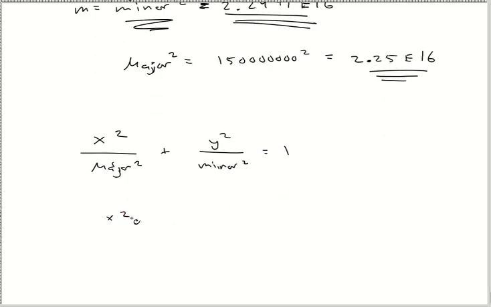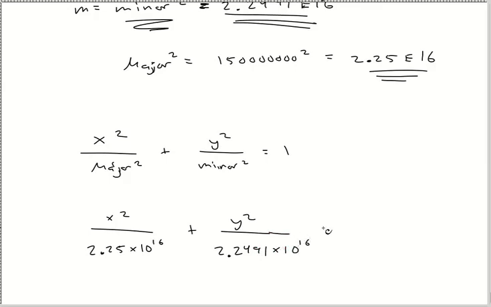I'm just going to plug them directly in. So this is my major squared, 2.25 times 10 to the 16. Notice e to the 16, 10 to the 16, the same thing. And the y, similar thing, 2.2491 times 10 to the 16. And then it equals 1.